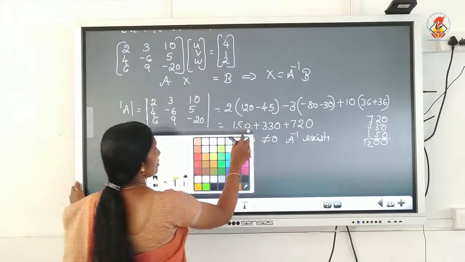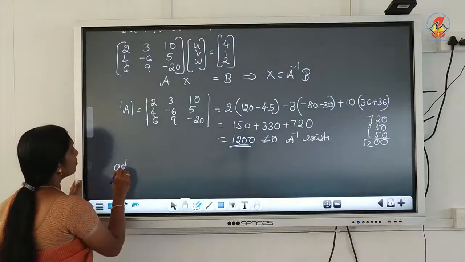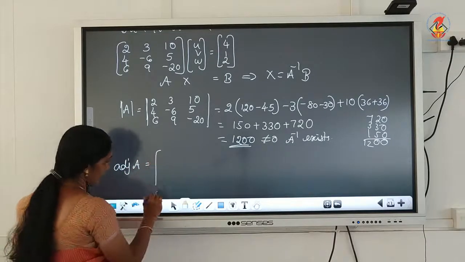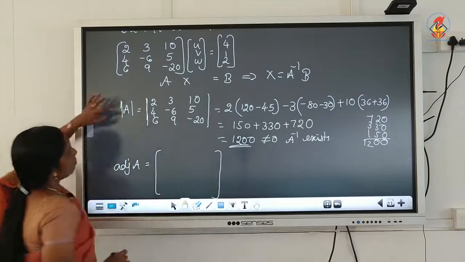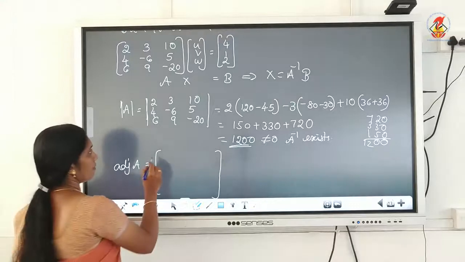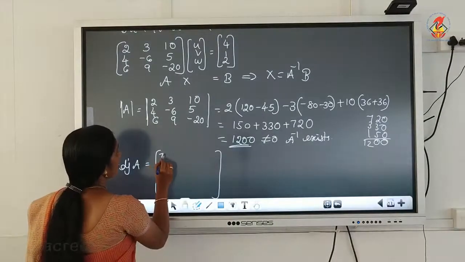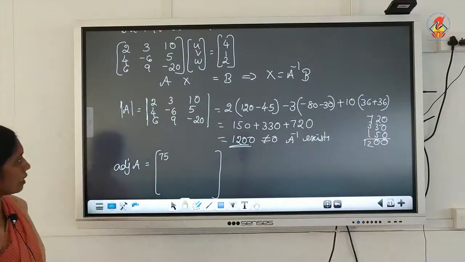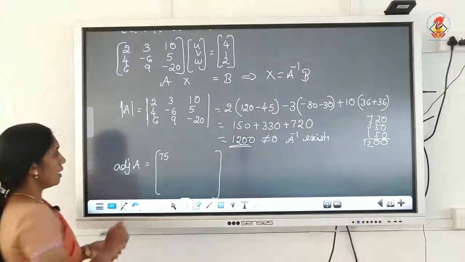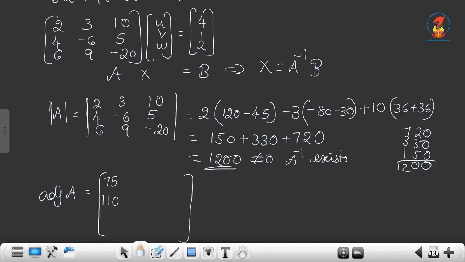Now the next step is adjoint of A. Adjoint of A is equal to the matrix. The first element is 120 minus 45, that is 75, positive 75. The second element is minus 80 minus 30, minus 110, so change the sign, 110.